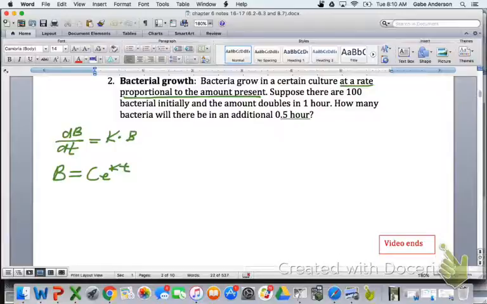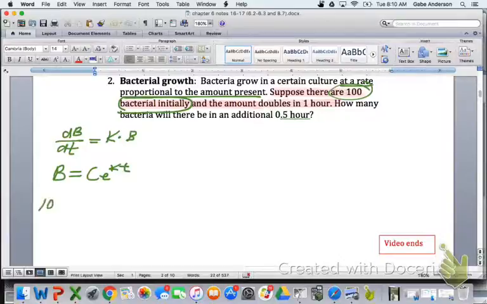It says we're given some initial conditions here. Suppose there are 100 bacteria present initially, and the amount doubles in 1 hour. So this one right here, there are 100 bacteria initially. That word initially is really important. That means when t is 0. I'm going to say when t is 0, there are 100 bacteria.